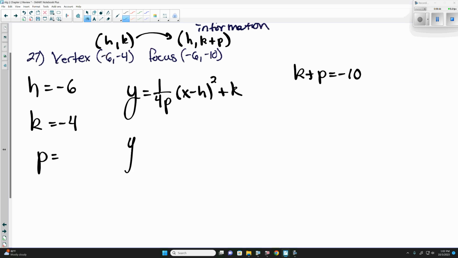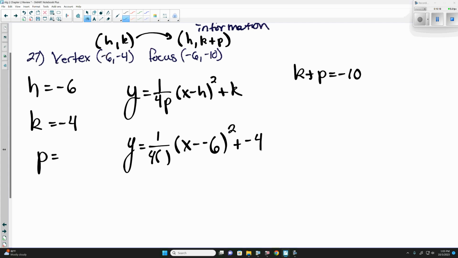Well, we don't know what p is, but I do know the h value is -6 and the value of k is -4.